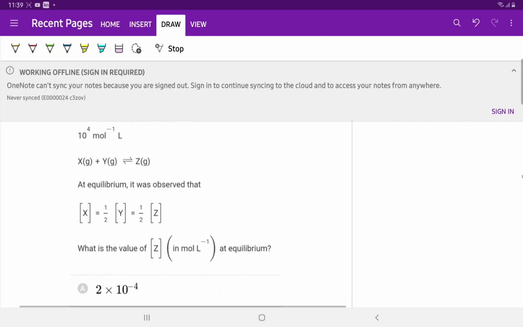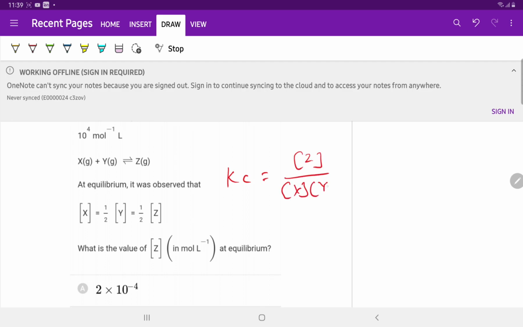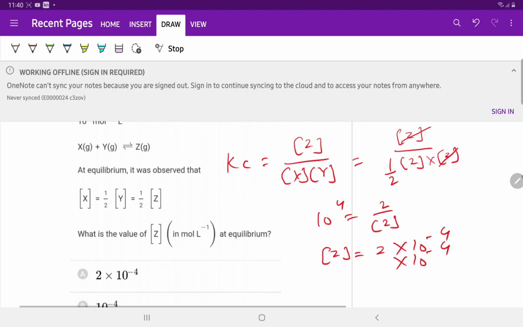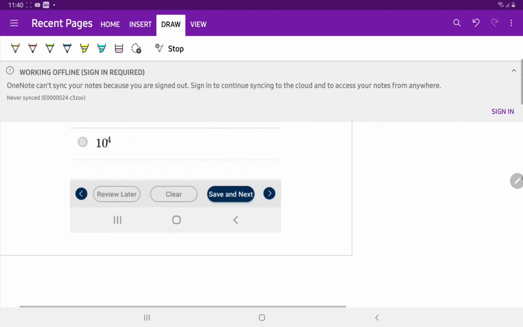Okay, Kc is equal to equilibrium concentration of Z upon equilibrium concentration of X and Y. We have to calculate Z. X is equal to half of Z and Y is equal to Z, so 10 raised to the power 4 is equal to 2 upon Z. So Z is equal to 2 into 10 raised to the power minus 4. Option E is correct for question number 14.